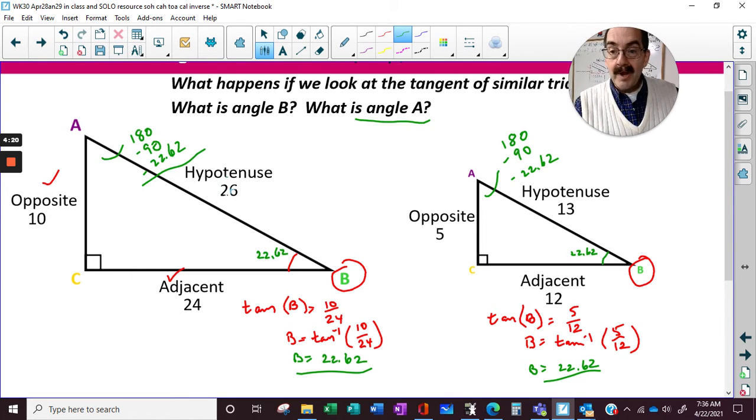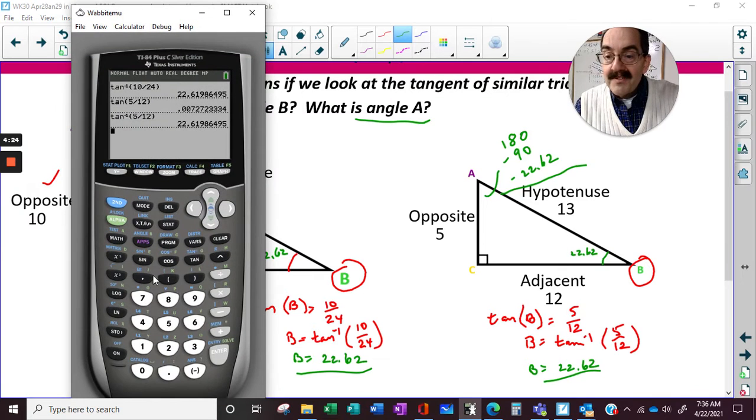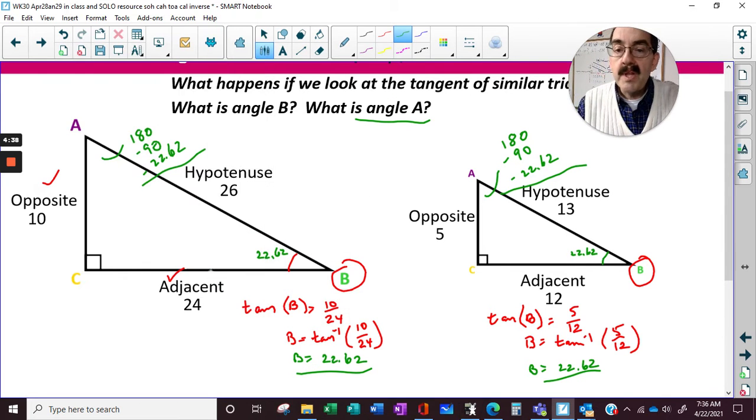Let's do that real quick because I always find this math stuff fascinating. 180 minus 90 minus 22.62 is 67.38.